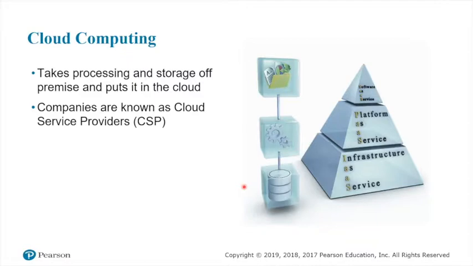What cloud computing does, in a nutshell, is take that processing, take that software off of the system, off of the premise, off of the computer in front of you, and puts it in the cloud. Cloud service providers are companies that deliver these services.